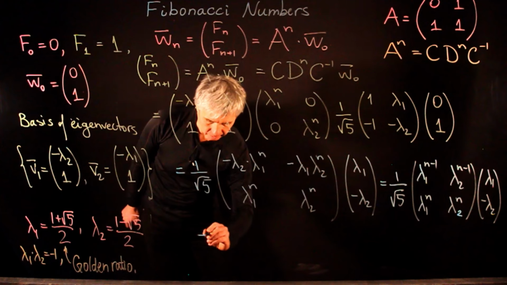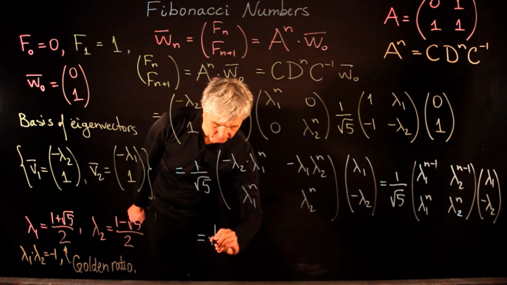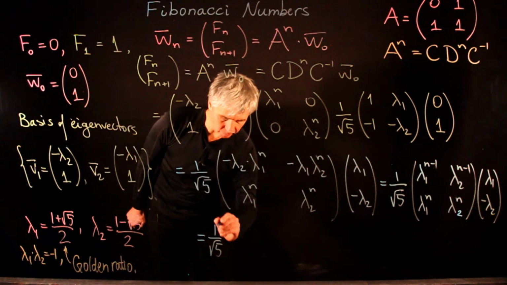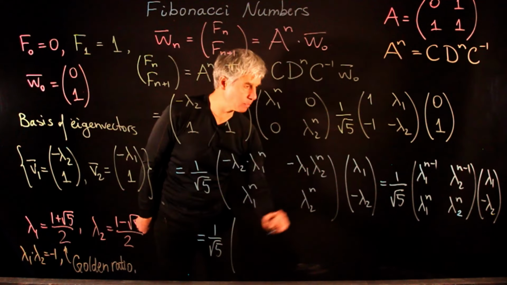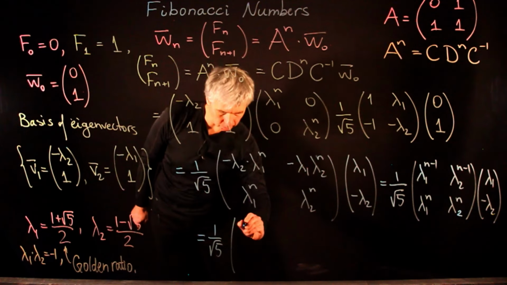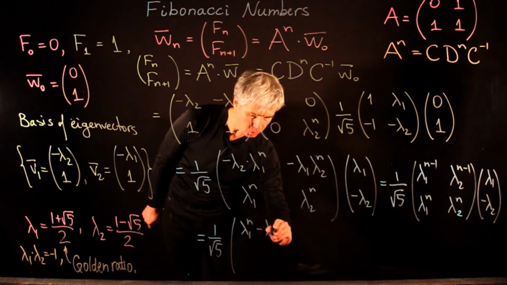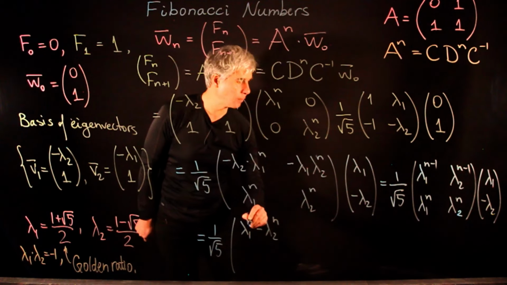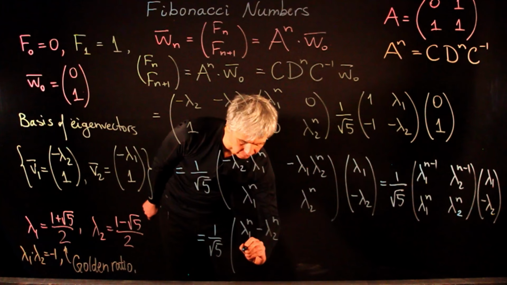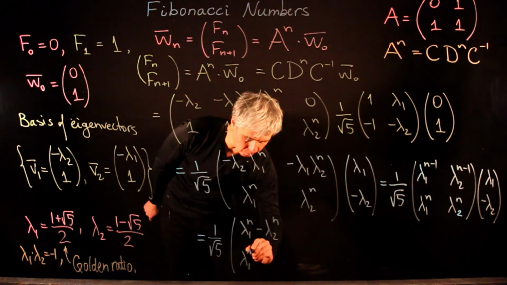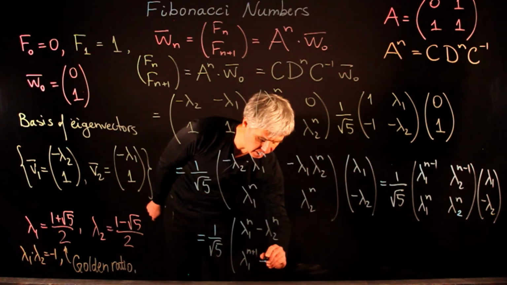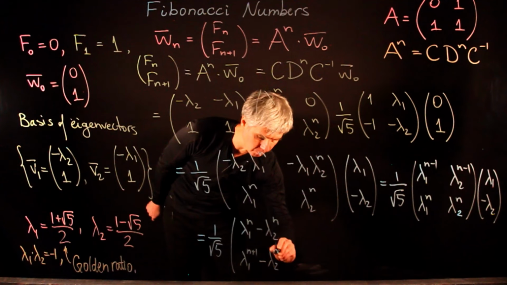And we get the vector with the following components. So we have 1 over square root of 5 times: the first component is lambda 1 to the power n minus lambda 2 to the power n. And the second component is lambda 1 to the n plus 1 minus lambda 2 to the power n plus 1.